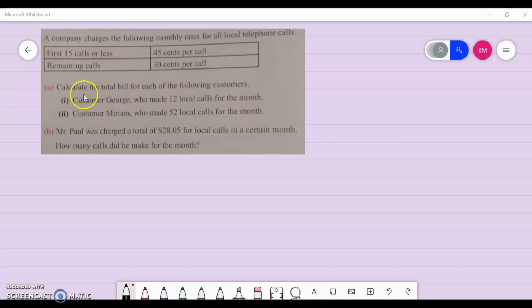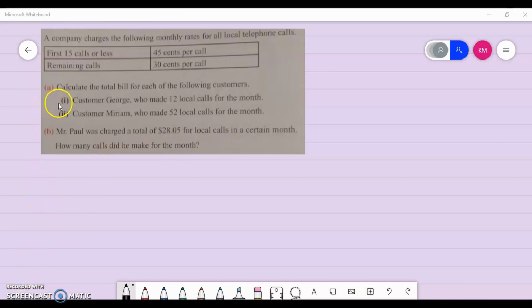So they gave us two scenarios. One, customer George, who made 12 local calls for the month, and customer Miriam, who made 52 local calls for the month. Then we have Mr. Paul was charged a total of $28.05 for local calls in a certain month. How many calls did he make for the month?